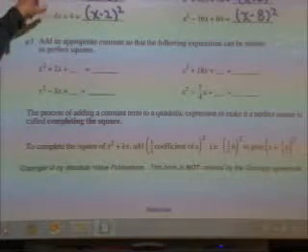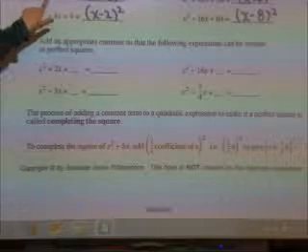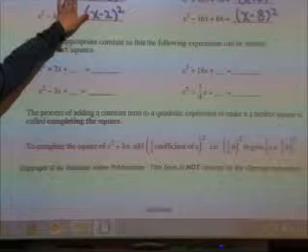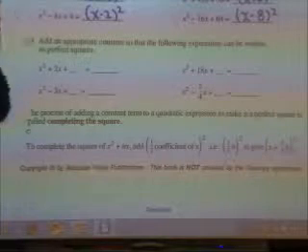So if I look at this, and I look at the x squared and the 6, and then the 9, if I didn't know that this was a 9, how could I figure it out? How could I use either the x squared or the 6 to get the 9?